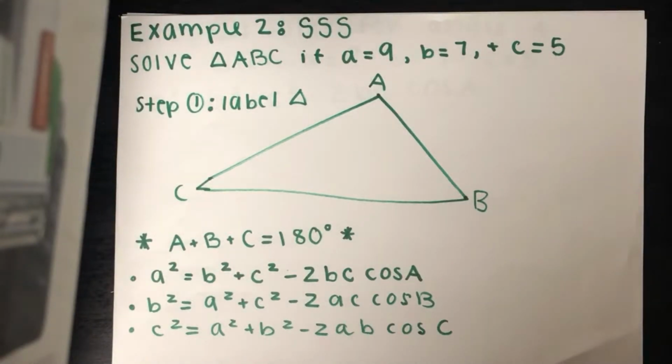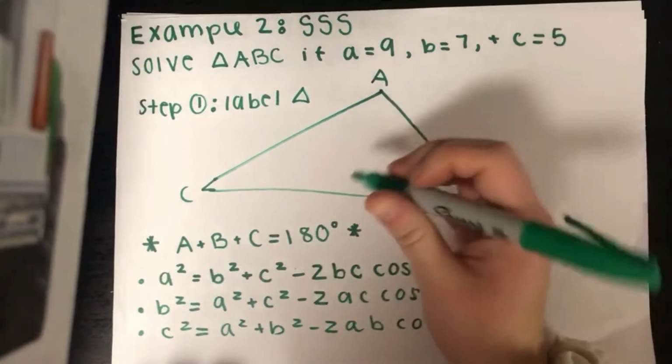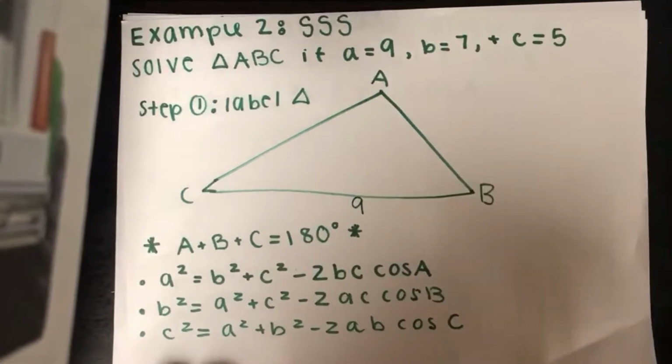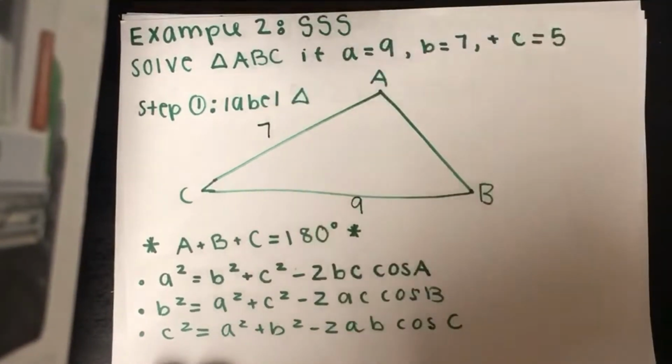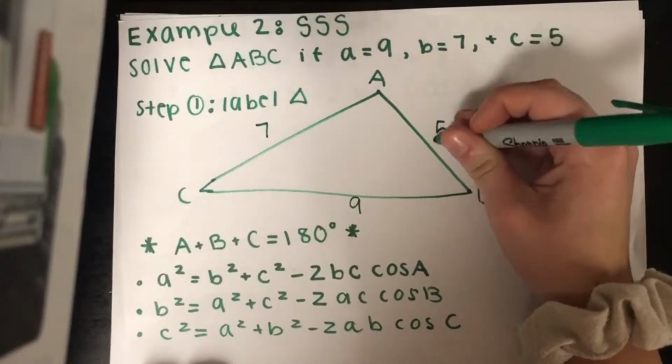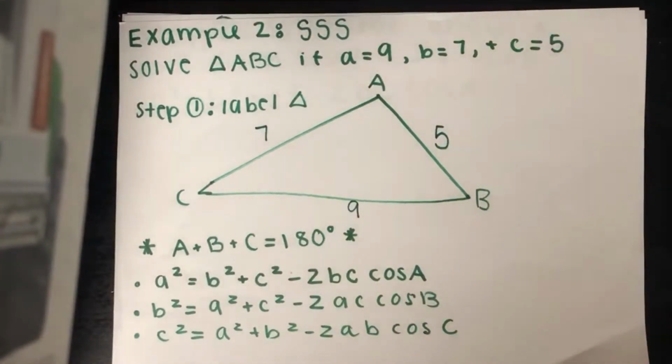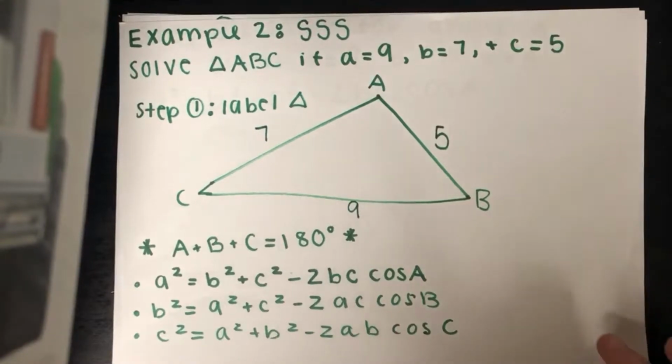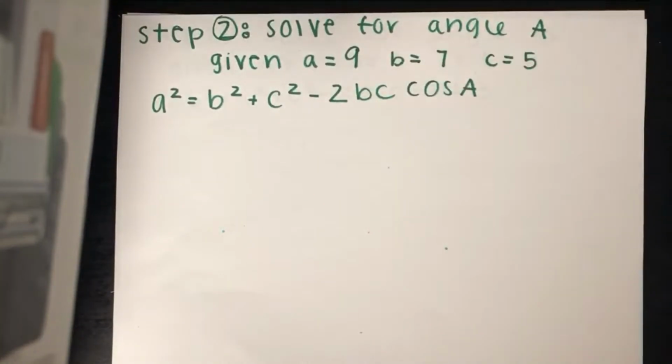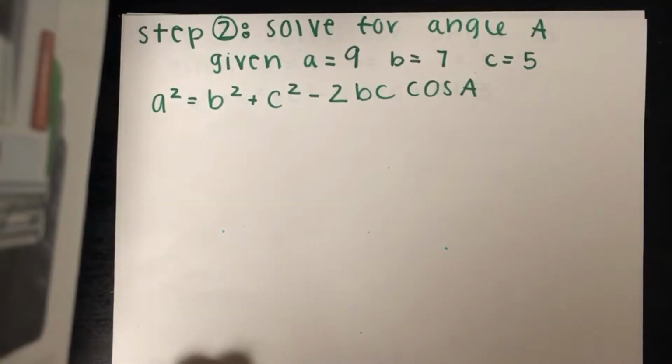So the first thing that you're going to do is label the triangle. So a is 9, it's going to go here. b is 7, there, and c is 5. So I have the law of cosines down at the bottom, and we're going to begin by solving for angle A. So given a equals 9, b equals 7, and c equals 5, we're going to use a squared equals b squared plus c squared minus 2bc times the cosine of A. So you're just going to plug in the side values.